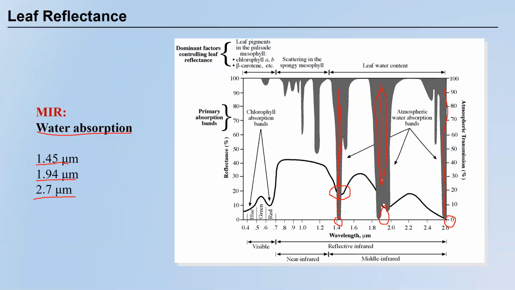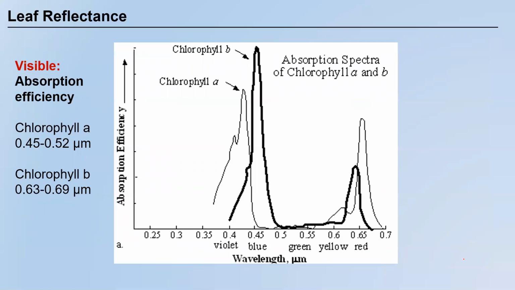And here is another peak for water absorption, and again very low reflectance of vegetation. The third one here, similarly, because the absorption effect from water within a leaf is very strong, the reflectance of the leaf is very low. So you can say that within the visible band, chlorophyll A and B are dominant factors for leaf reflectance.